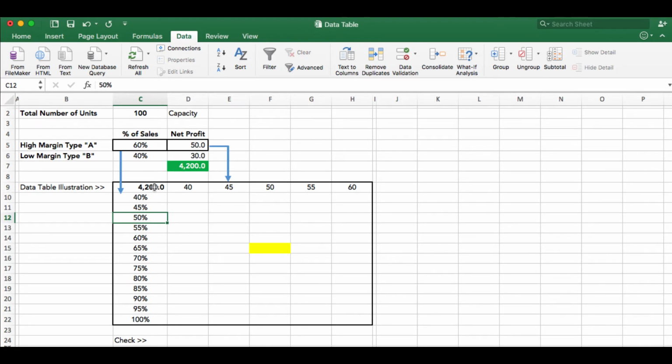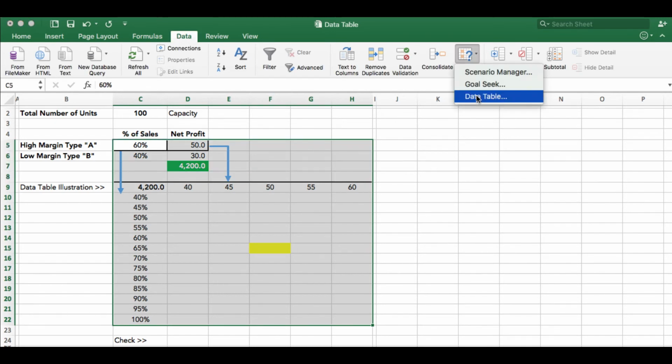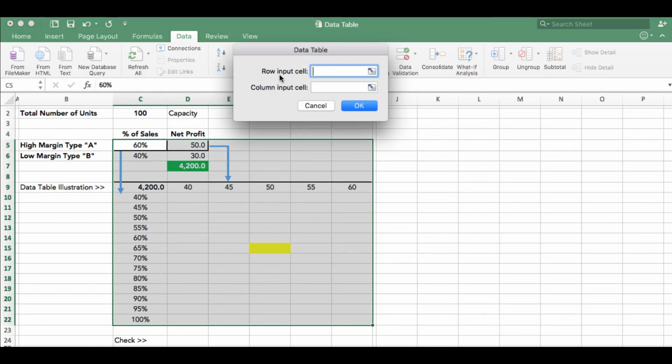Now, the way Excel calculates this data table is, since we equated this 4,200 to this combined net profit, let's select this entire schema of cells that we had populated, click on Data, and click on What-If Analysis, and then Data Table. Now, as we saw earlier, in the row we had the net profit changed as per our sensitivity.